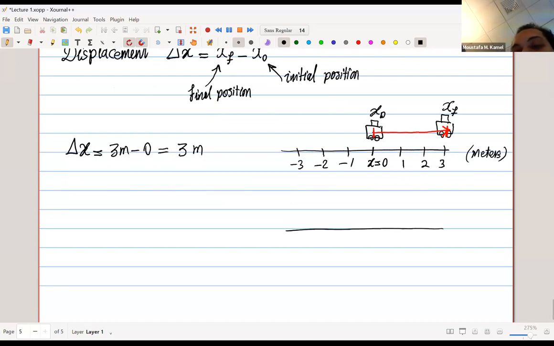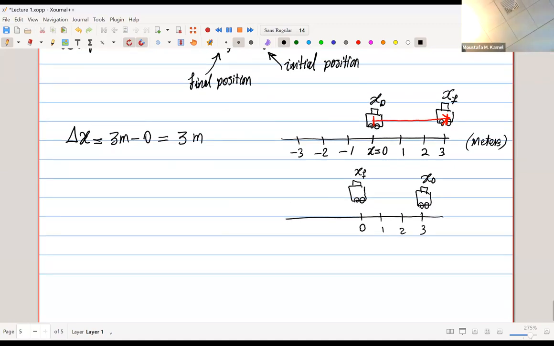What if I took the same graph, but instead started here as the initial position and ended up here? Will anything change? What do you think? It will be negative, right? Because the final position is now 0 minus 3 meter, which was the initial position, which is negative 3 meter. So the negative sign in this case indicates direction, right?